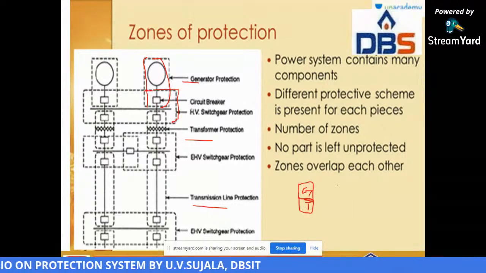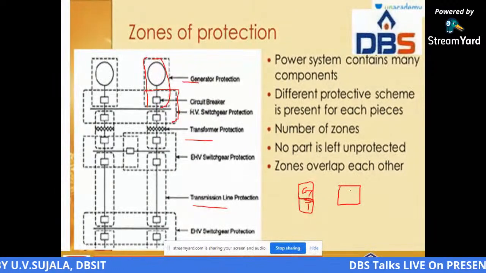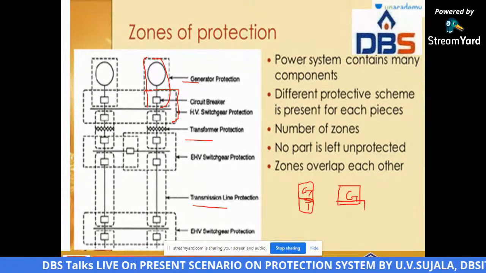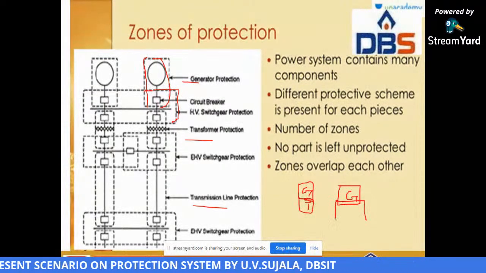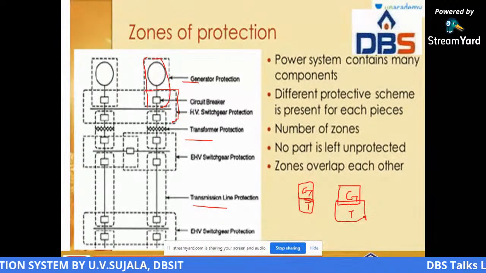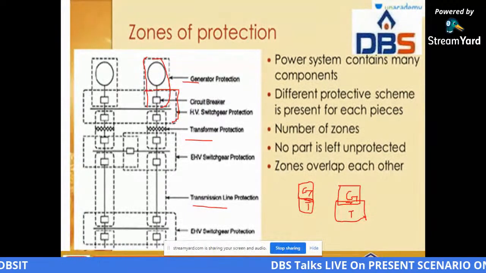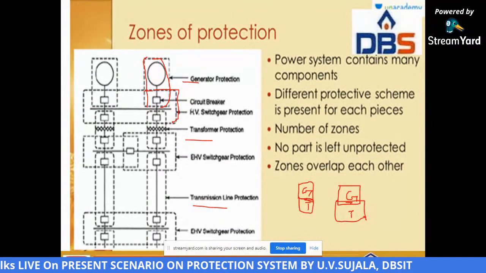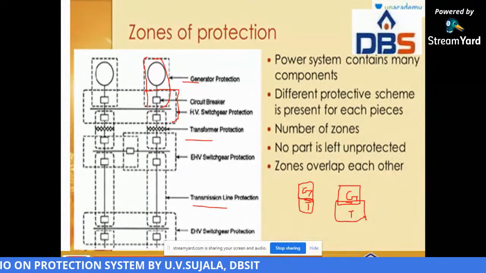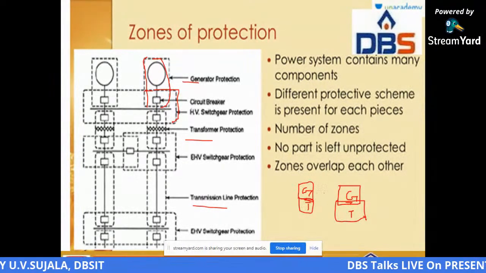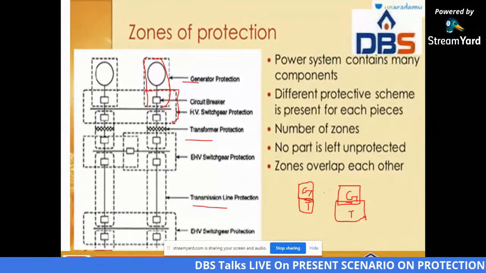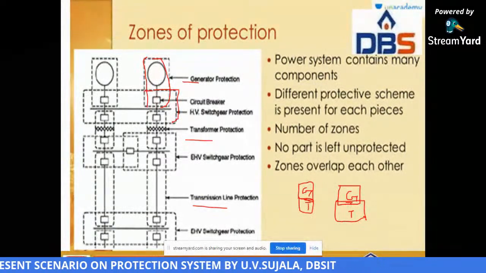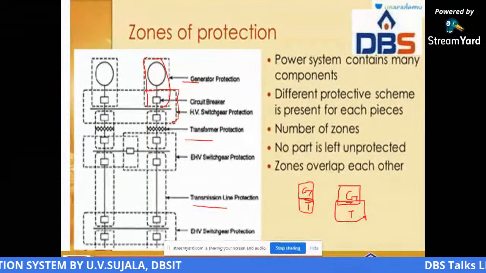So from that point of view, whatever the generator is, we have to overlap this transformer. Whenever a fault occurs and the generator circuit breaker does not operate, the transformer will operate. Zones must compulsorily overlap each other, because you have to protect every zone. If they are separate, there is no protection.